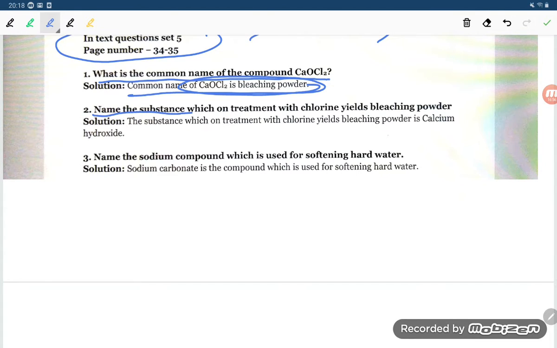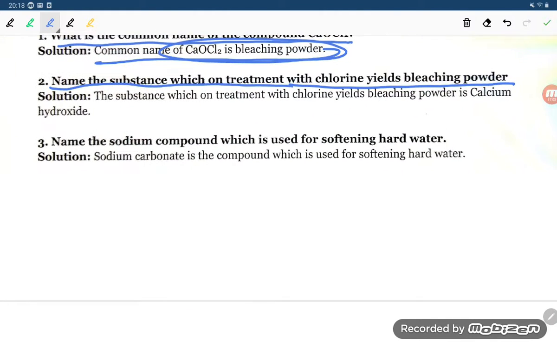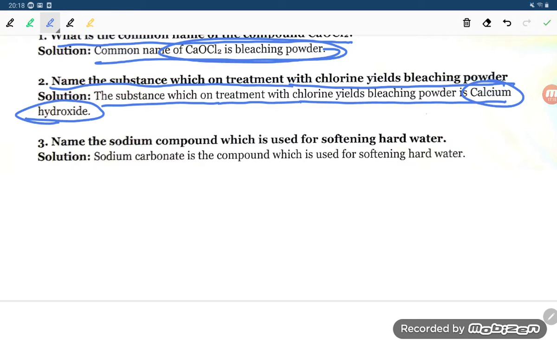Next one, name the substance which on treatment with chlorine yields bleaching powder. The substance which on treatment with chlorine yields bleaching powder is calcium hydroxide.